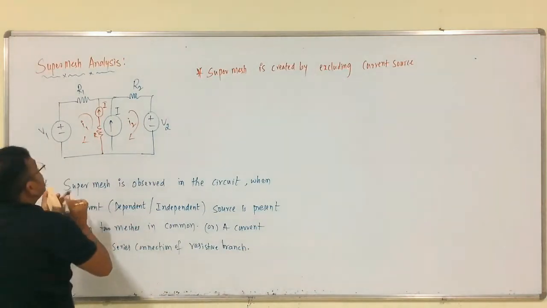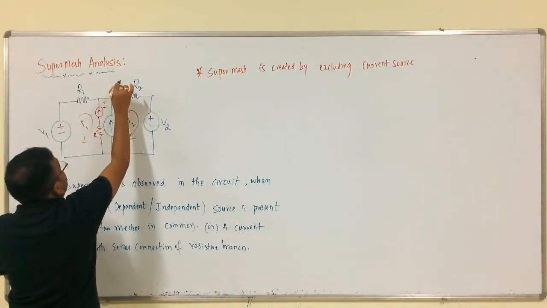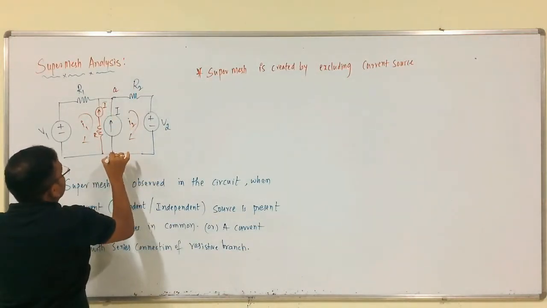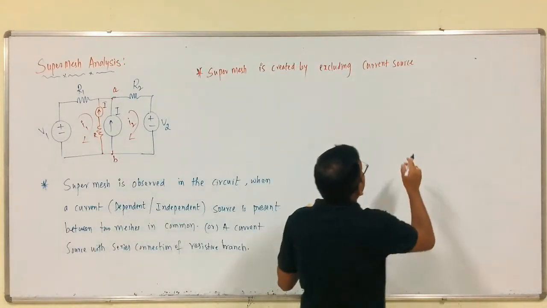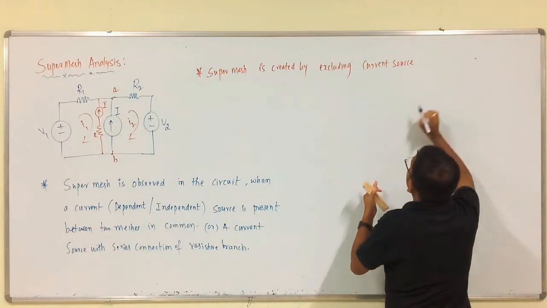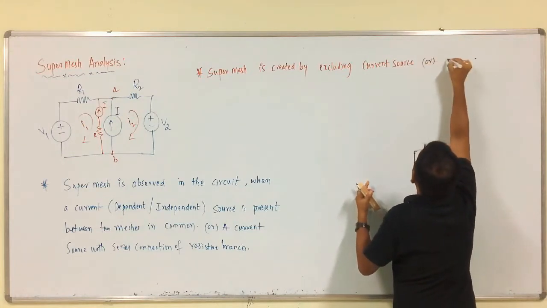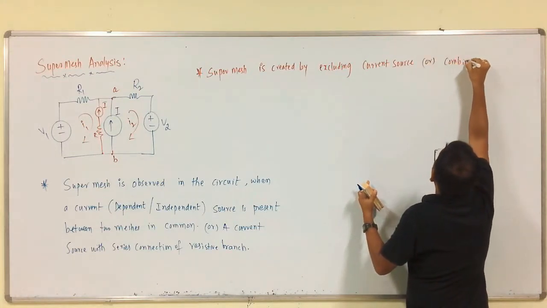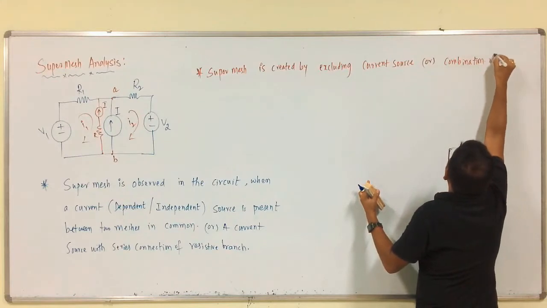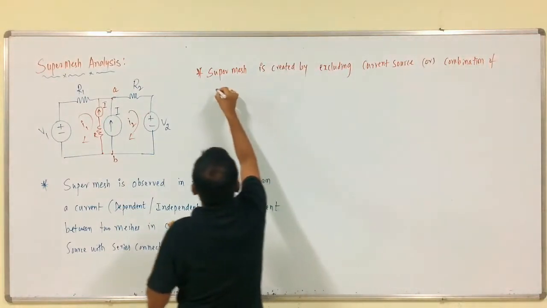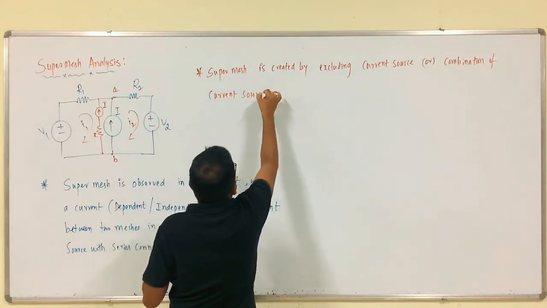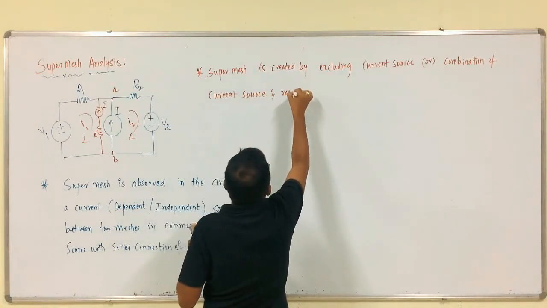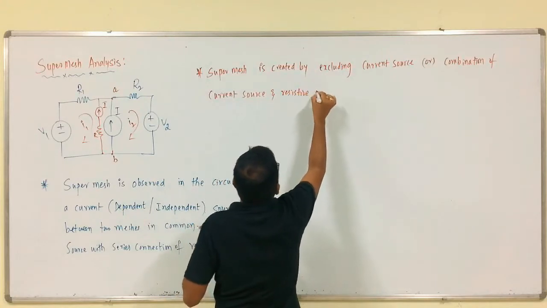For example, this is node A, this is node B, okay. A super mesh is created by excluding a current source or a combination of current source and resistive branch.